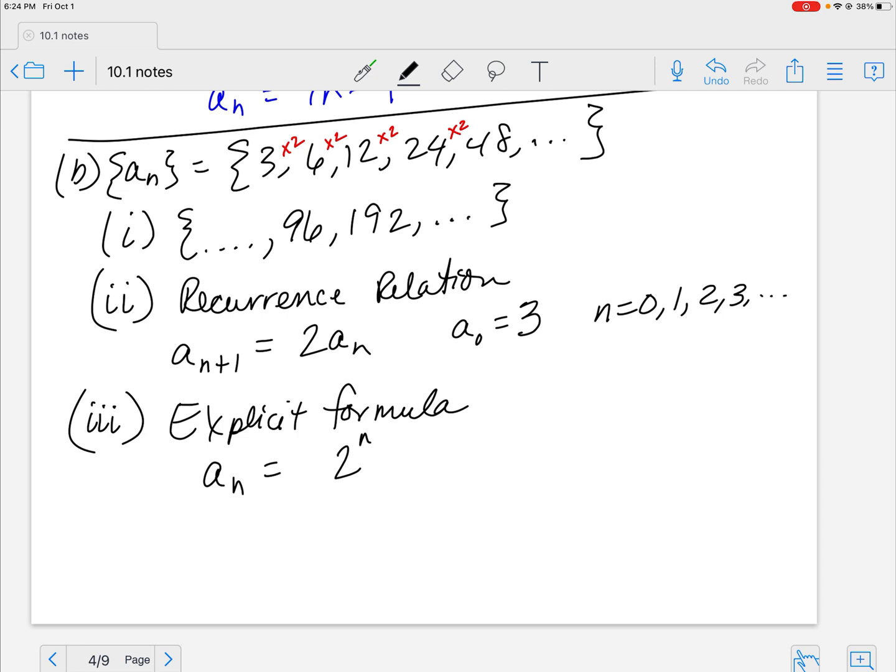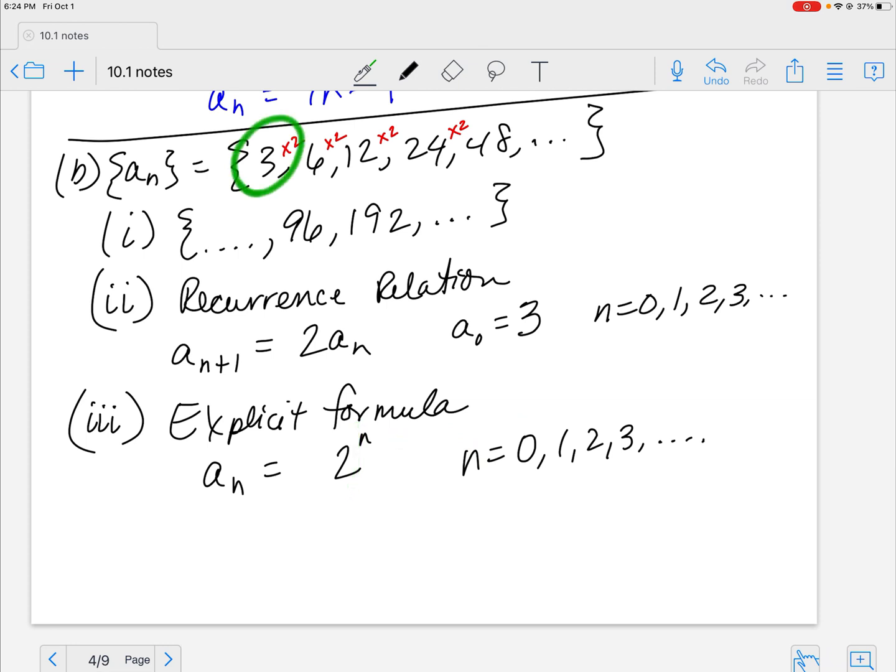But here's the kicker. I am saying if I start at 0 because it makes my life easy, what happens when I have n as a 0? What's 2 to the 0 power? 1, right? Anything to the 0 power is 1.